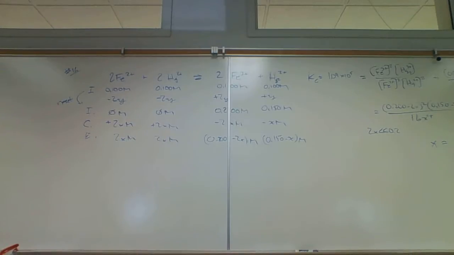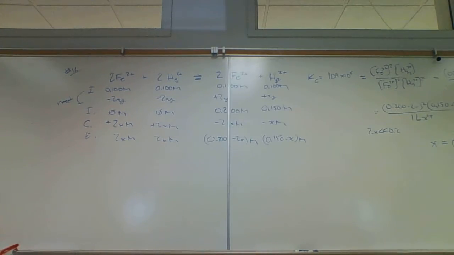What did you get for x? 0.0000765 8. We're allowed 3 sig figs here. Yeah, 3 sig figs, so let's carry one extra.